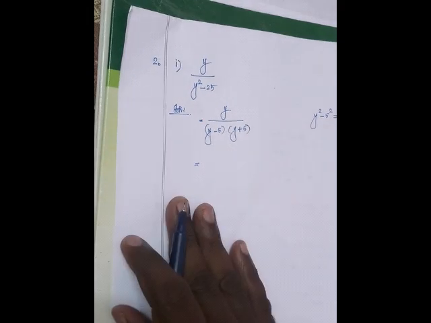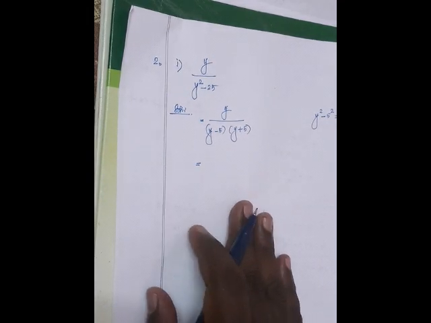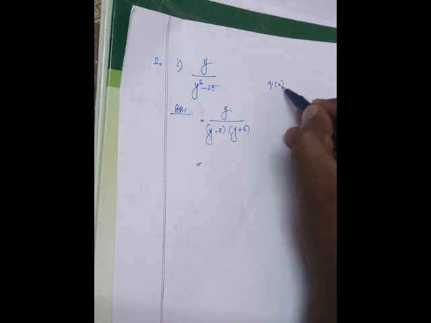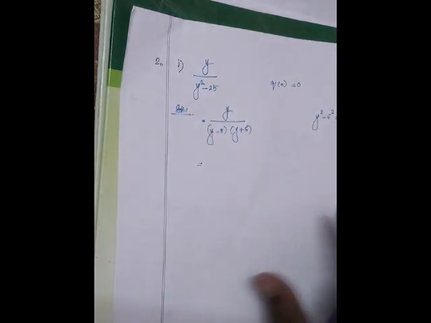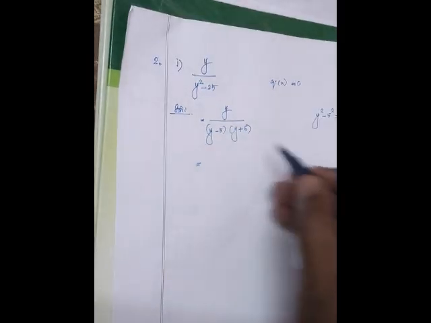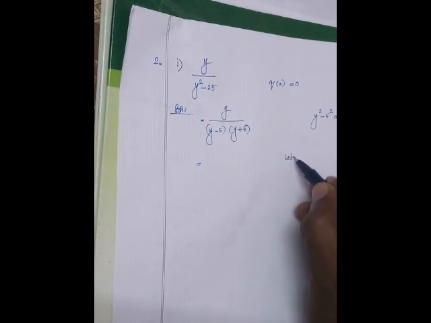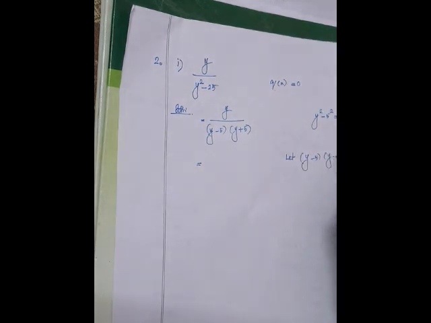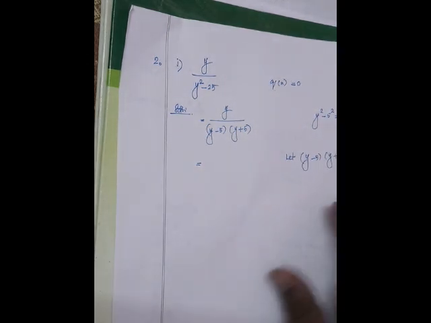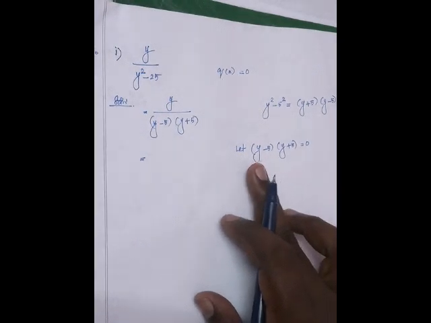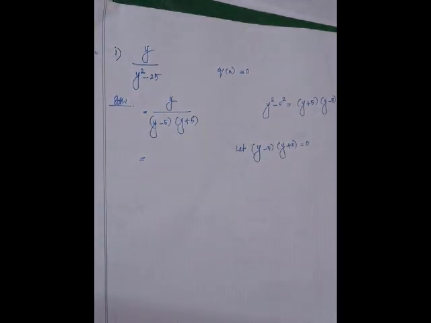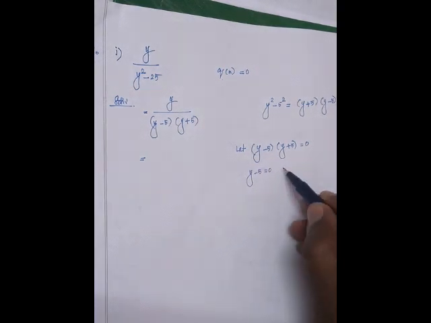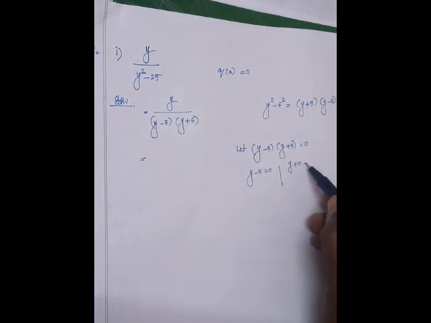I told you, if you want to find the excluded value, we take q of x, which means the denominator, equal to 0. So (y minus 5) into (y plus 5) is equal to 0. The two factors are in product which is equal to 0, so you can take y minus 5 equal to 0 and y plus 5 equal to 0.